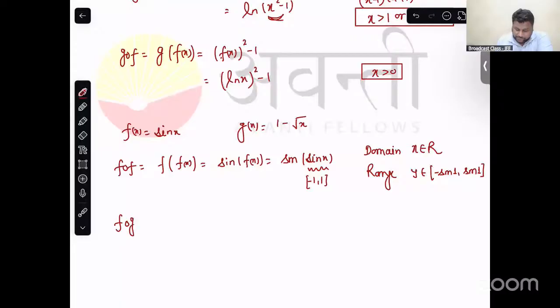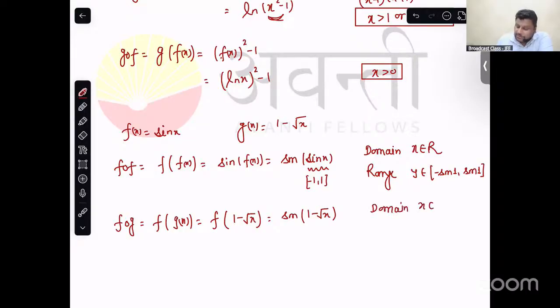Then fog. fog is f of g(x). That is f of 1 minus root x. That is sine of 1 minus root x. All right. So if I talk about the domain, there is no issue. It simply is x belongs to 0 to infinity, inclusive of 0. Correct?